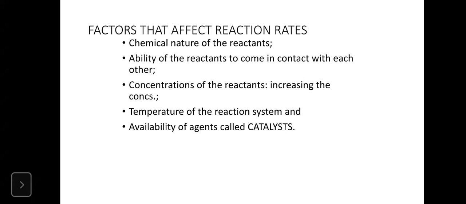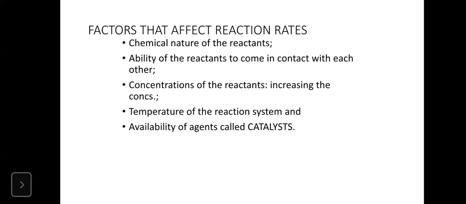These are the factors, and this is one of the questions I asked you from the beginning, or some of the objectives that is expected of you to know. If I ask you, name 3 factors that can affect the rate of a reaction, you've learned some of these in senior secondary school. The nature of the reactant can affect the rate of a reaction.